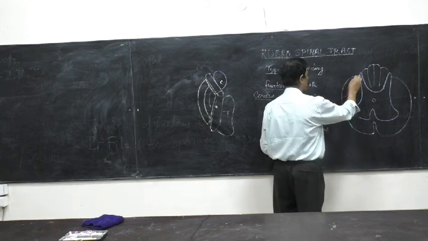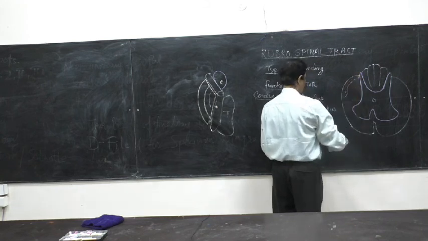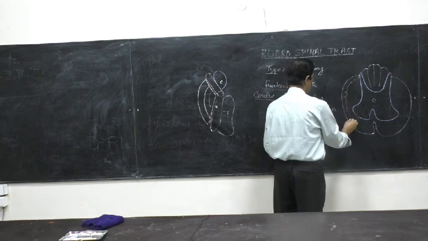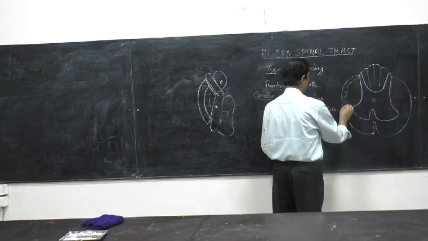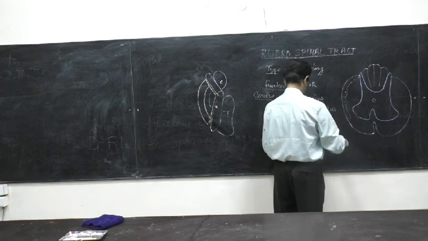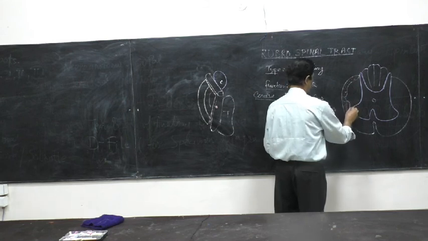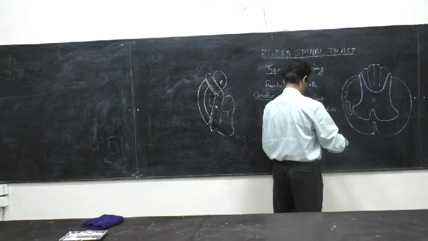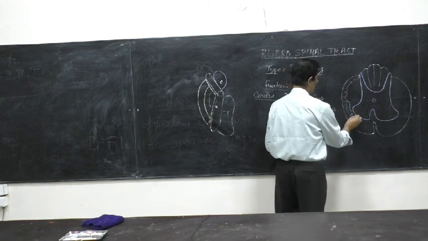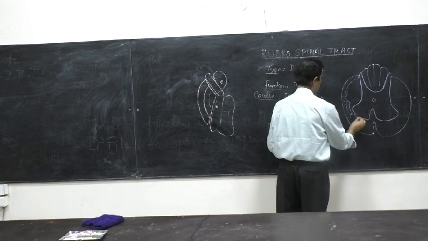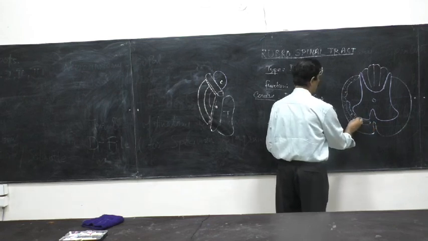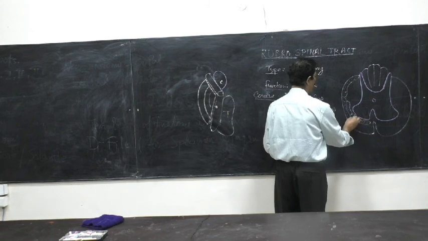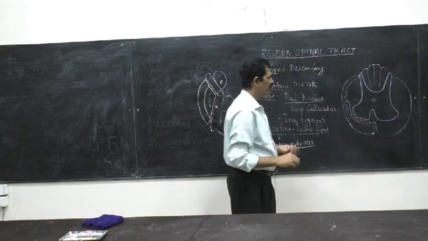For example, this is the posterior spinocerebellar, this is the anterior spinocerebellar, then we make the lateral spinothalamic, then the anterior spinothalamic, that we have done this much of it.